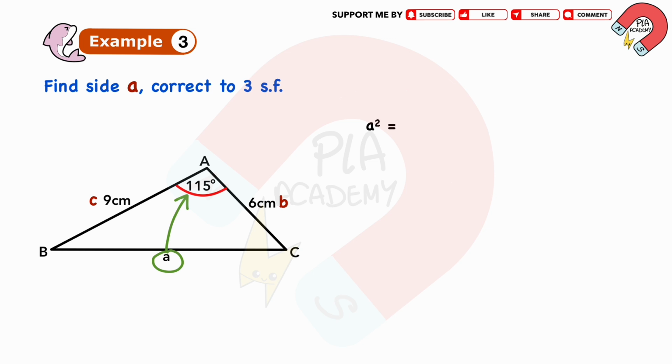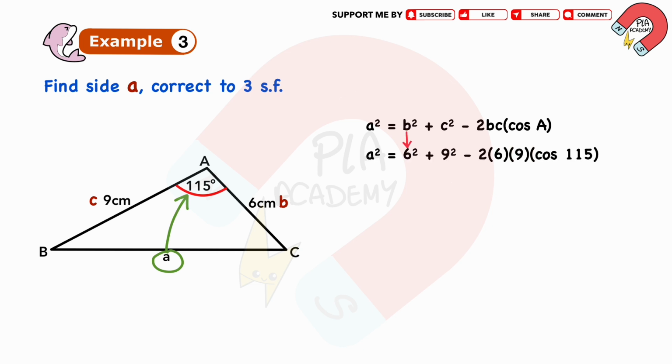A squared equals B squared plus C squared minus 2 times B times C times cos A. Now, let's substitute our values: 6 for B, 9 for C, and 115 for angle A. So, A squared equals 36 plus 81 minus 108 times cos 115.